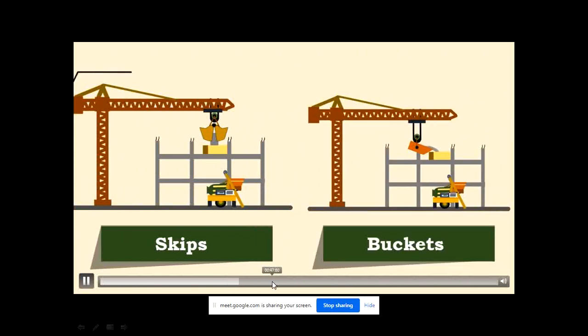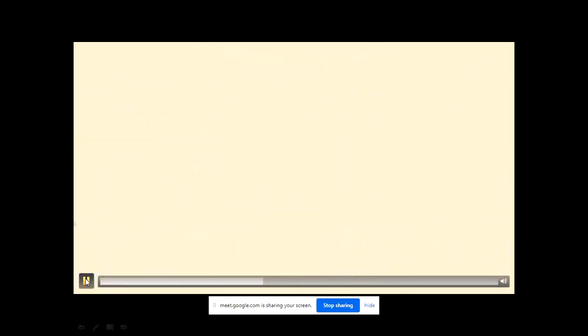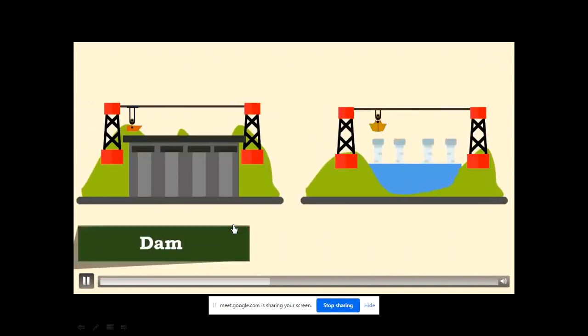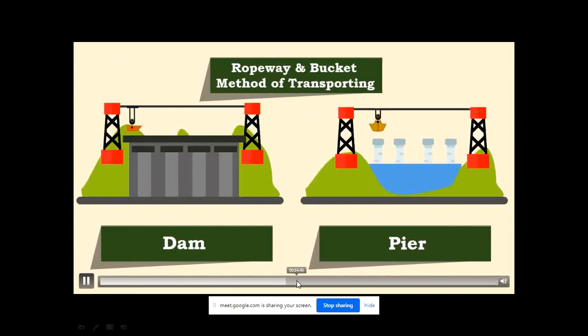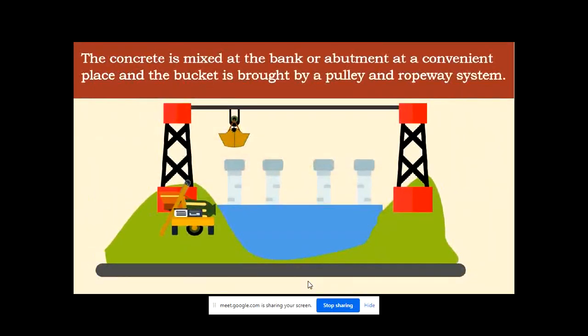The skips have a discharge door at the bottom, whereas the buckets are tilted for emptying. A similar type of transportation is adopted for concreting in a dam or a pier, which is called the ropeway and bucket method of concreting. The concrete is mixed at the bank or abutment at a convenient place, and the bucket is brought by a pulley and ropeway system.